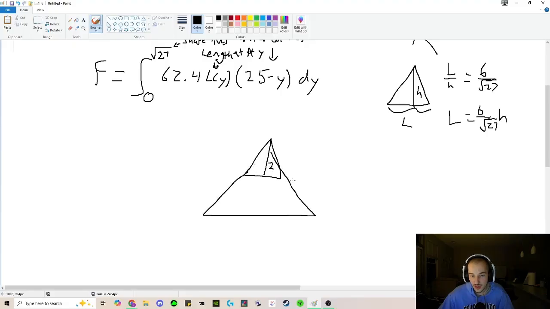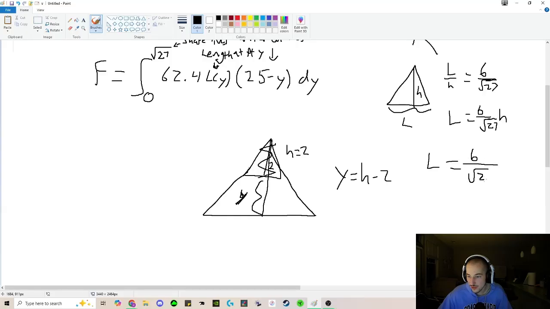When h is 2, really y is this here. So y is really going to equal the total 6 minus the 2. This is going to be h minus 2, which means that h is y plus 2, which means that L is going to be 6 over root 27 times y plus 2.